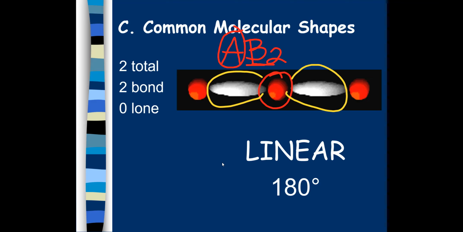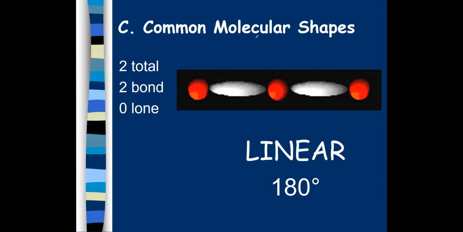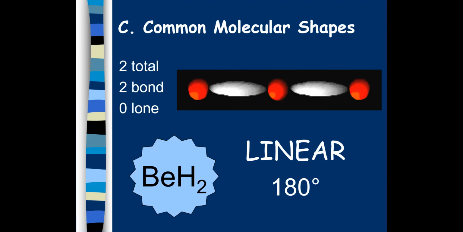See? So AB2, central atom, 2 bonds. The bonds are the yellow. Okay, just clear that. And so this is an AB2. Just remember that. And an example of that would be this guy, there we go, beryllium hydride. All right, so there you go.